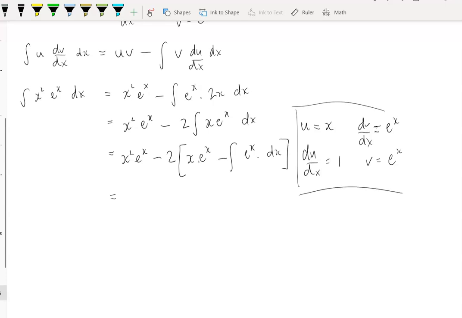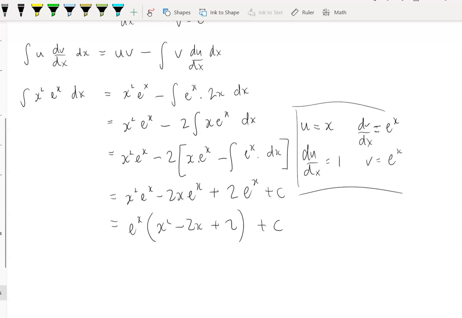Put the bracket in. So we've got x squared e to the x minus 2x e to the x. Then the negative 2 times the negative sign will become plus 2 times the integral of e to the x, e to the x, plus c. And we can take out a common factor, because we always like to factorise, x squared minus 2x plus 2, plus c.